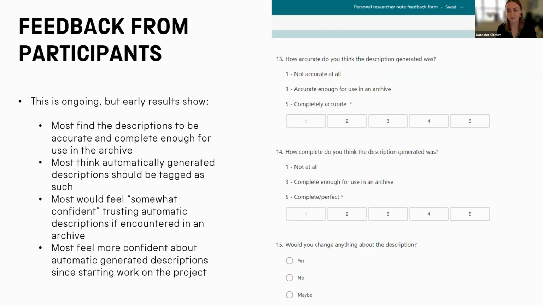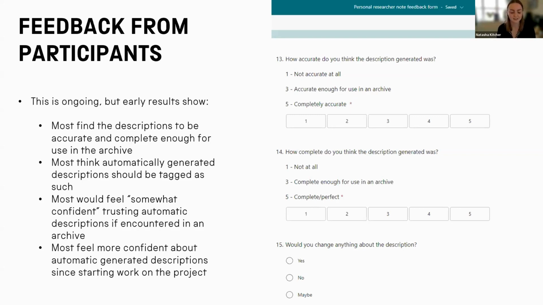Generally, the researchers themselves are a lot more relaxed than I am about how they would encounter these descriptions in the future. So most of them think that simply tagging their descriptions as AI generated would be enough. But then me personally and one of the respondents think that we would need a clear sentence in the public facing side of the catalogue explaining how the notes were generated, with a link to a longer article explaining the entire process.